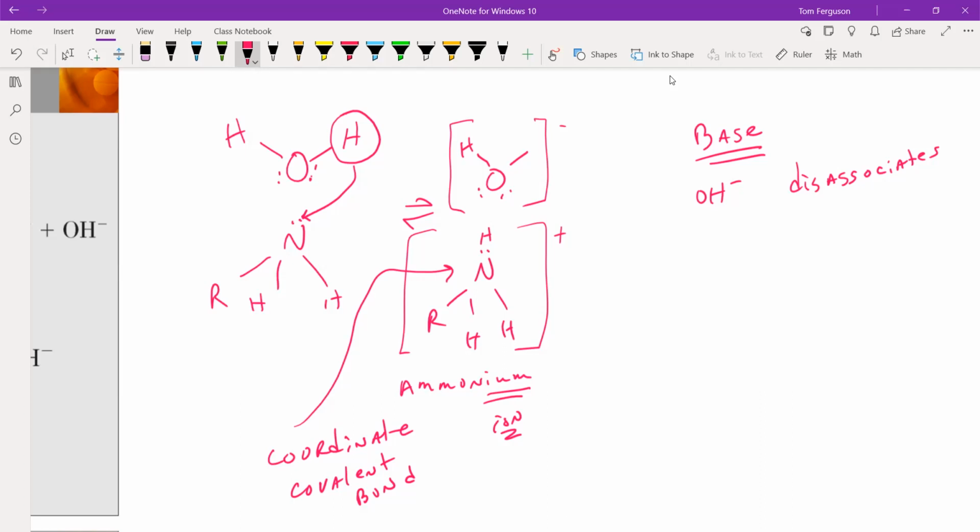So an ammonia compound or an amine in water will form this base because the OH comes from the water losing one of its H's, and it leaves without its electrons. I should say electron, one electron. Okay.